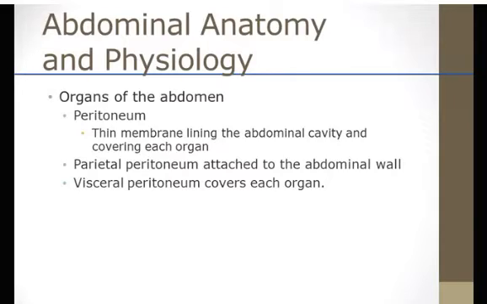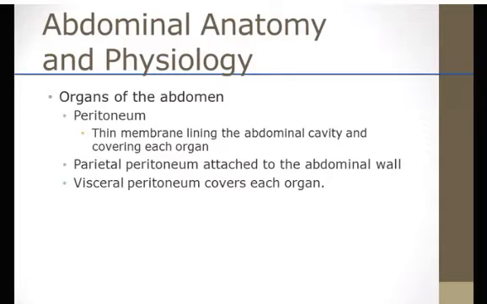In between those two, I think of them as ball bearings, but it's basically a fluid that makes those move smoothly against each other each time we take a breath. Otherwise, it would cause friction, like if you rub your hands together, it causes heat. And so if that's constantly rubbing against each other, it would cause heat and irritation and cause that to hurt.